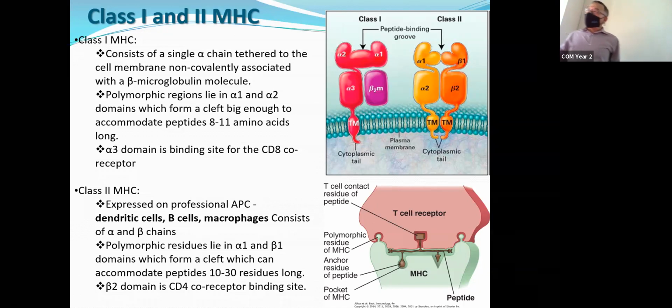But under normal conditions in a healthy body, what is the source of these antigenic peptides? Bearing in mind that our normal cells aren't infected with any pathogens. So what is the source of these antigenic peptides?